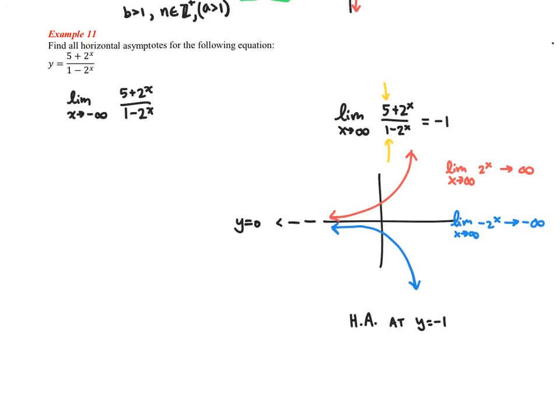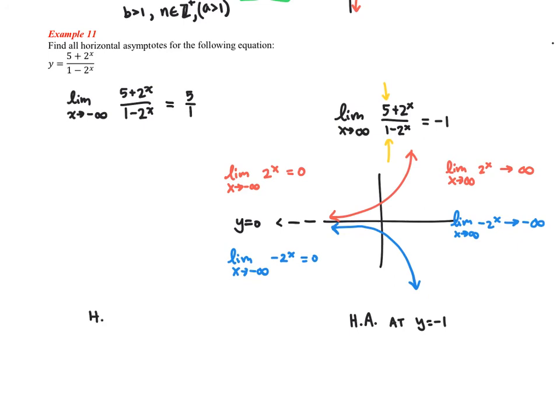So the limit as x approaches negative infinity of 2 to the x equals 0, as well as the limit as x approaches negative infinity of negative 2 to the x is equal to 0. So as you consider the left-hand behavior, your insignificant terms actually become 2 to the x and negative 2 to the x. Thus, this limit ends up equaling 5.